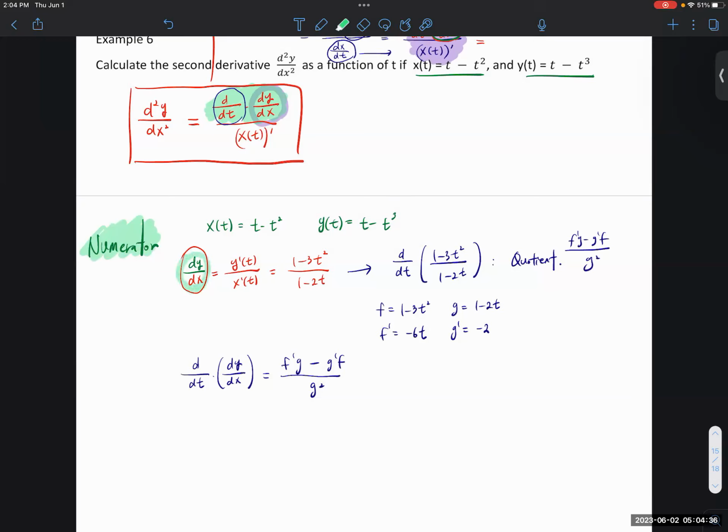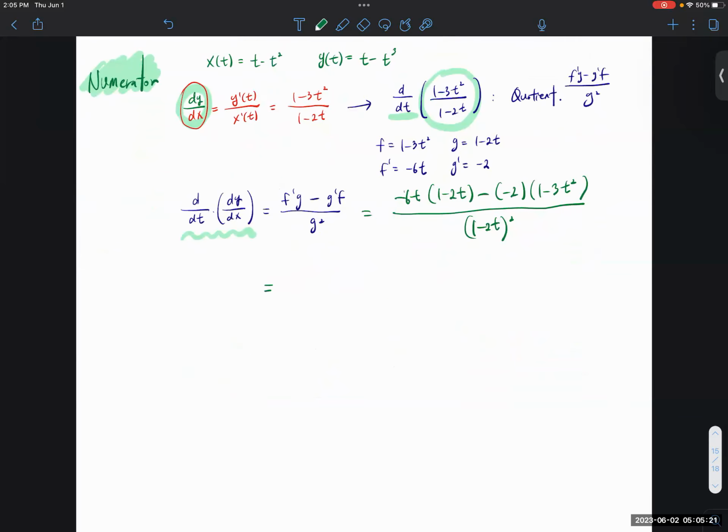We found dy over dx first, which is this, and you're taking the derivative one more time, d over dt. Now we are using the quotient rule. So the numerator, we're going to get f prime, negative 6t, times g, 1 minus 2t, minus g prime, negative 2, times f, 1 minus 3t squared, over g squared, 1 minus 2t to the second. Am I right? Sorry, I used g prime there; g was 1 minus 2t, squared in the denominator.